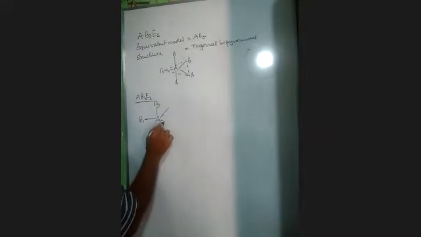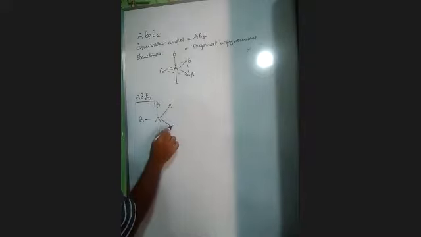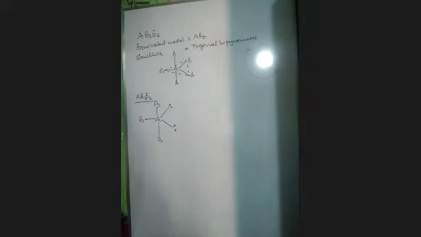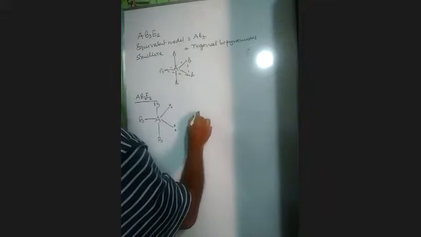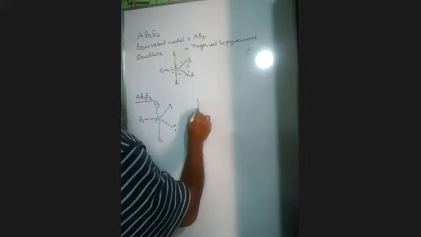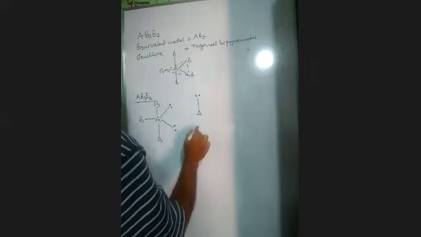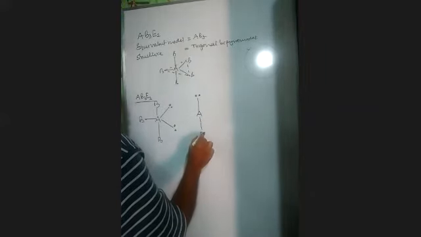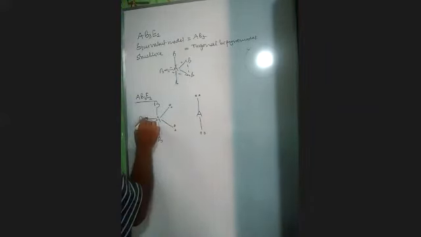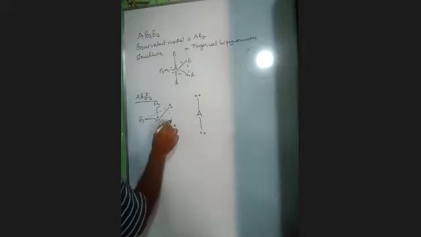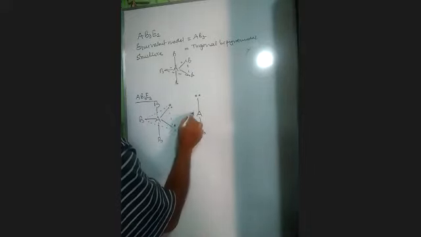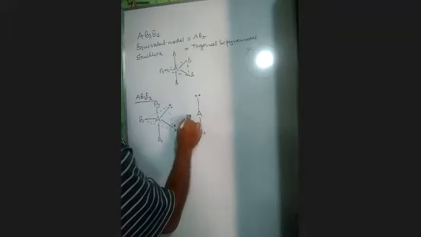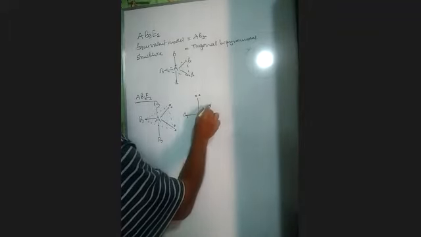What do you have here now? These are the lone pairs. Then next, what will I do? I remove both the axial B. This is in the plane. Then I remove this axial B. So how will it look like?